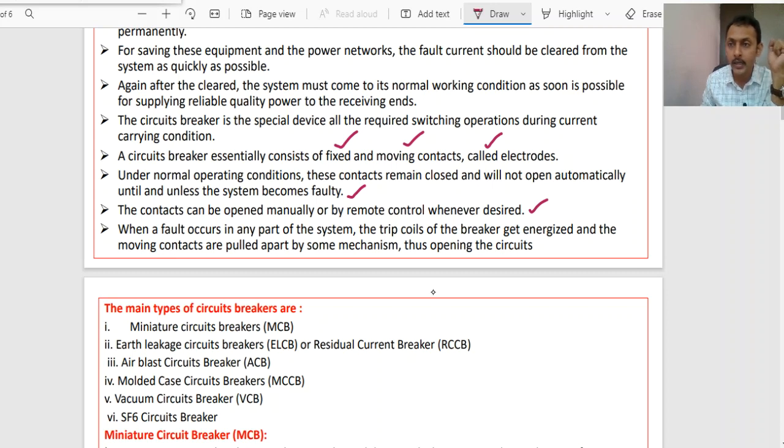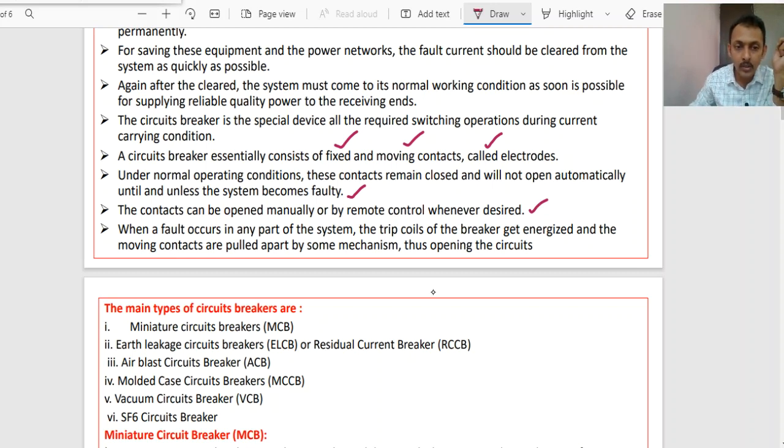So when a fault occurs in any part of the system, the trip coil present in the circuit breaker gets energized and the moving contacts are pulled apart by some mechanism. Thus, the circuit gets opened.